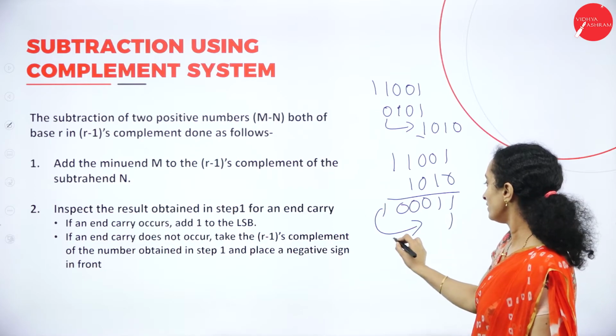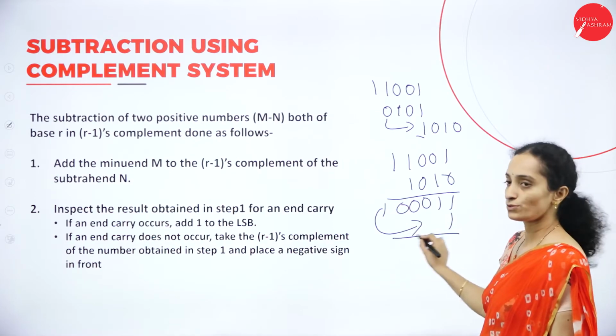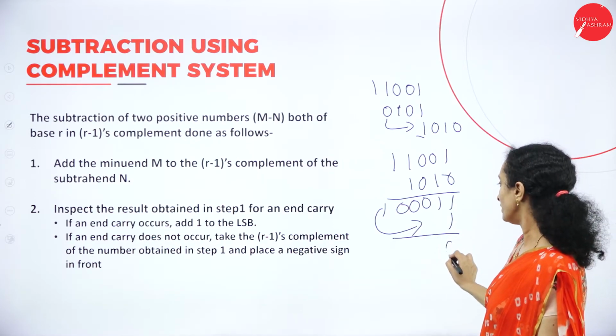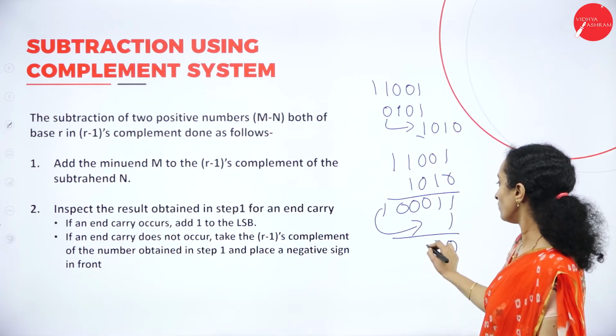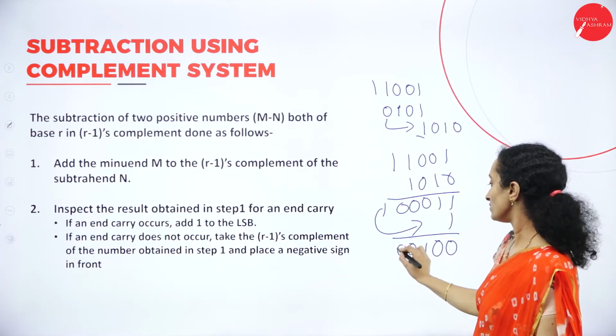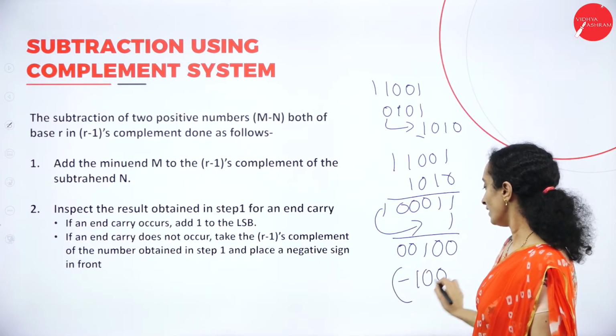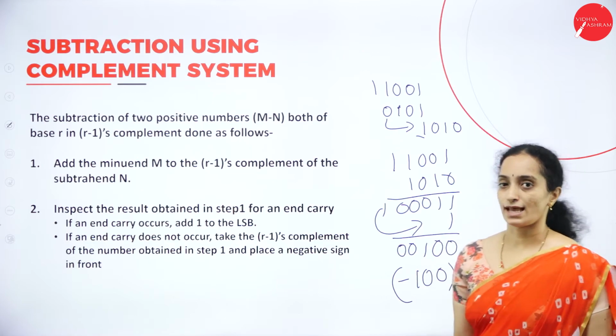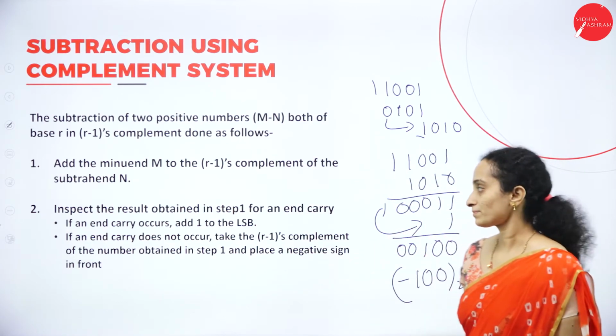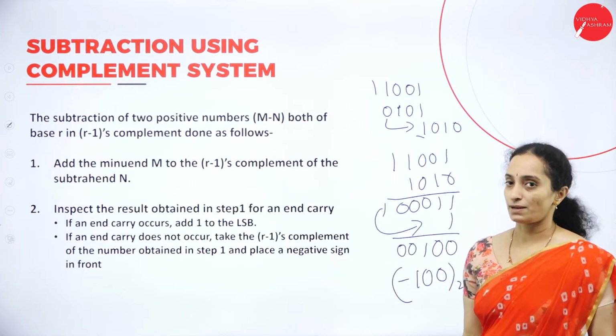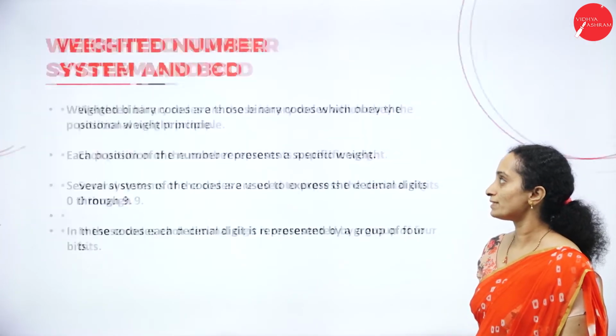Add this to the LSB, 110 110 100. That means the answer is 100 with a negative sign. Alright. So, this is about subtraction using the complement system.